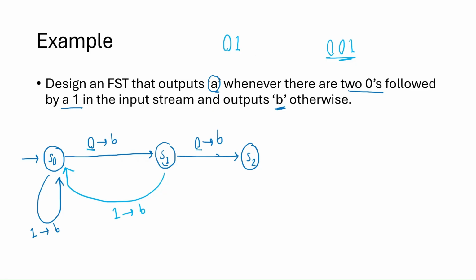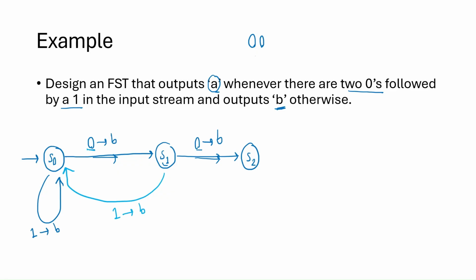Now I need two more transitions from S2. If we are at S2, which means what? Which means if you are at S2, it means that the last two symbols that we have read are both zeros through this arrow and this arrow. That's how you get to S2. So I have seen 0, 0, and I'm waiting for the final 1 to finish the pattern.